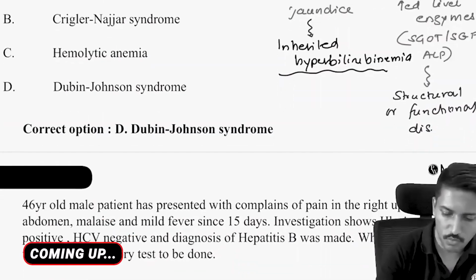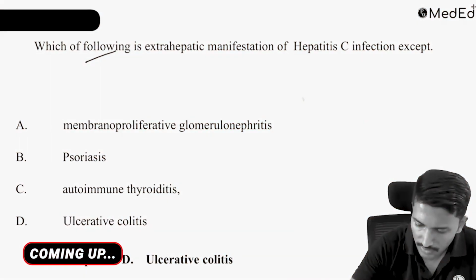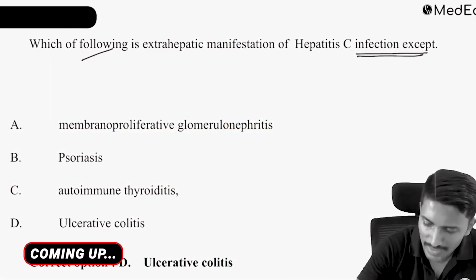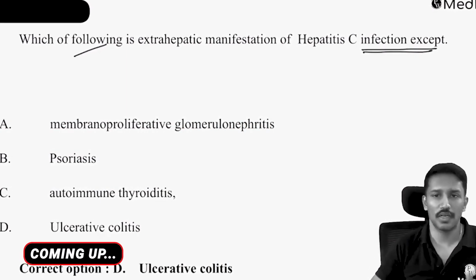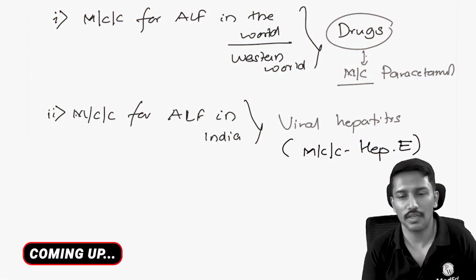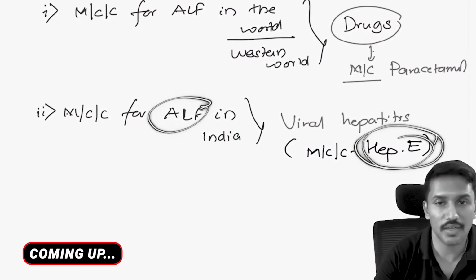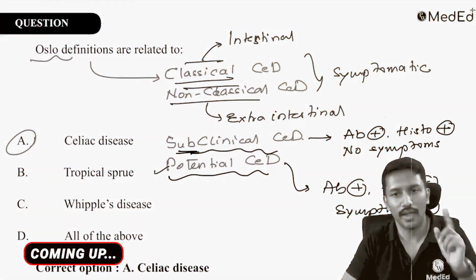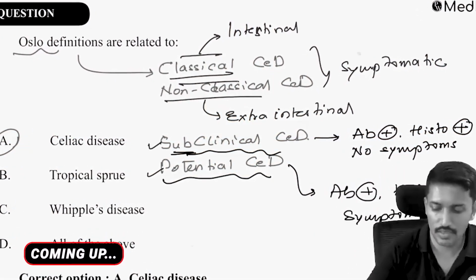All you need to see is what is the predominant bilirubin here. All of the following are extrahepatic manifestations of hepatitis C, except, or which of the following is not an extrahepatic manifestation of hepatitis C. Majority of the liver transplantations that happened following acute liver failure were because of the hepatitis E acute infections. Antibodies and histopathological changes both are there, but no symptoms. That is subclinical celiac disease.